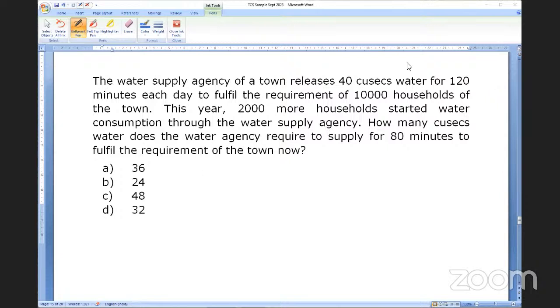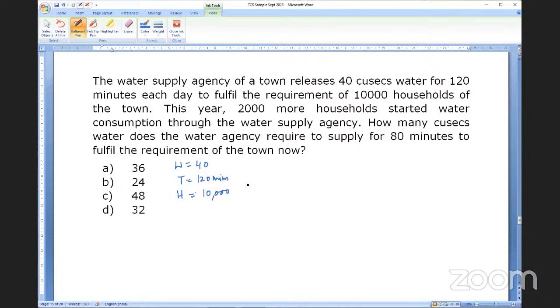Let's check this. Let's check what we have. The water supply agency of a town releases 40 cusecs water for 120 minutes each day to fulfill the requirement of 10,000 households.